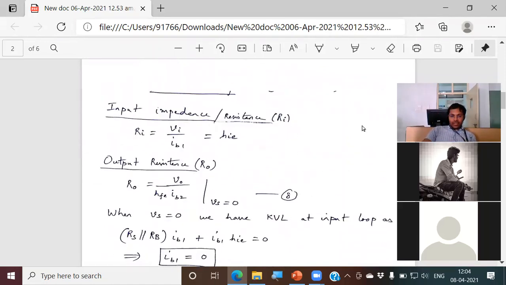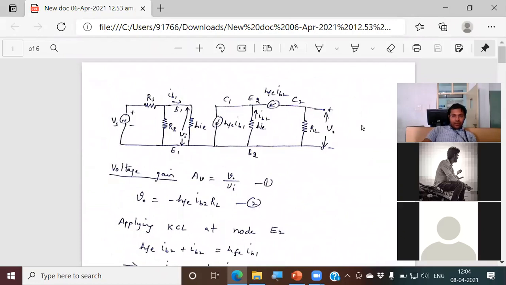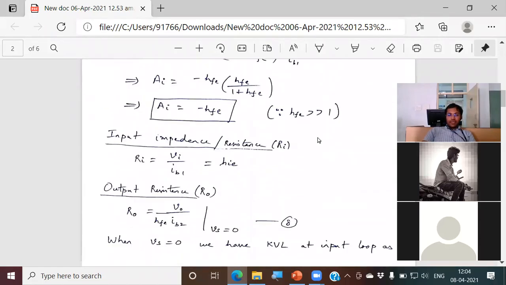For finding output resistance, we ignored RL. Now to consider the effect of RL, we take the output resistance we got in parallel with RL, and that we say is the overall output resistance.